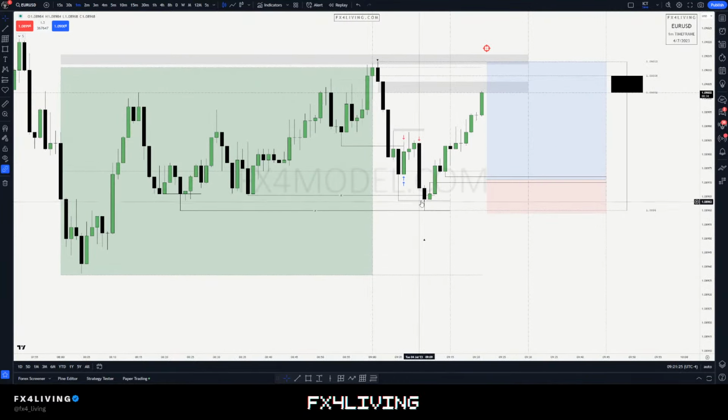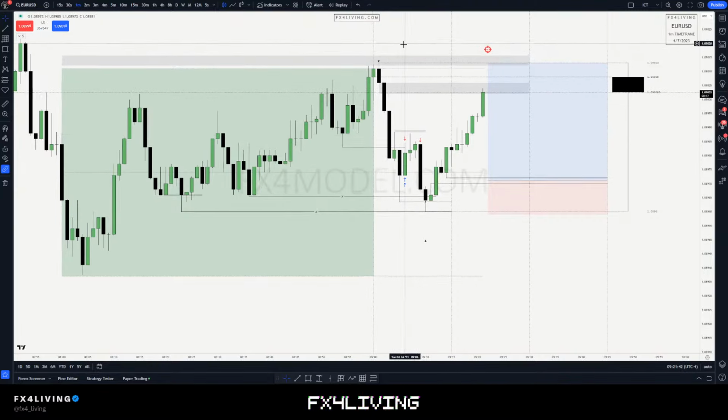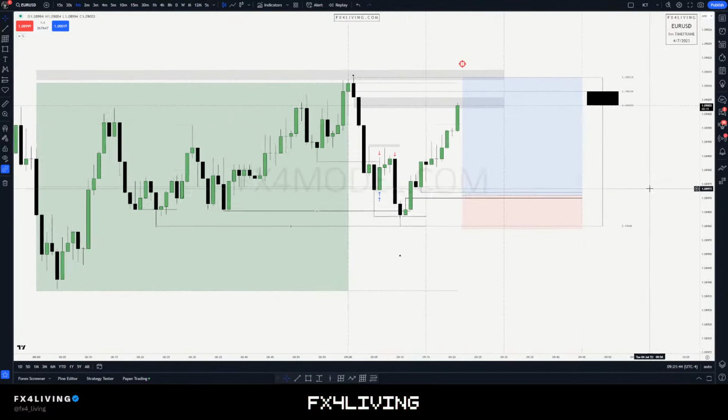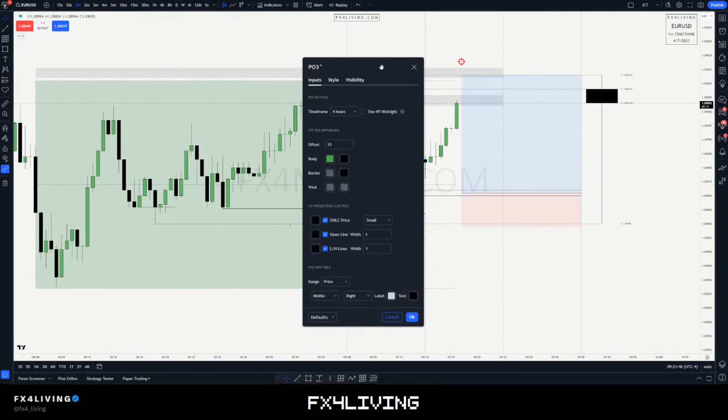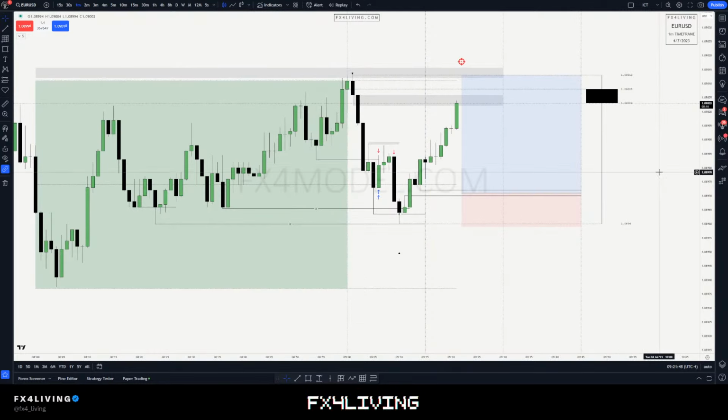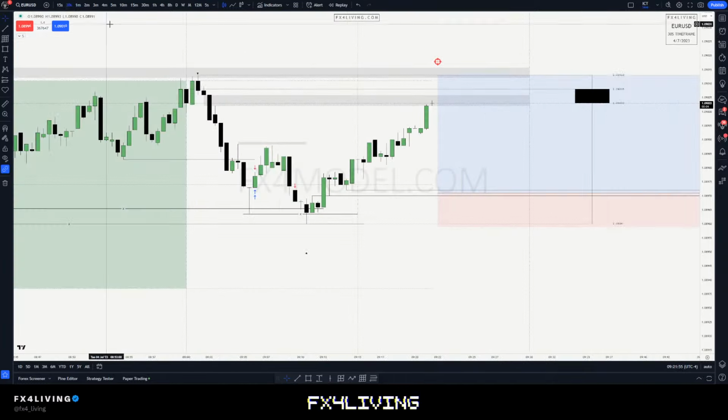Then retrace into discount of previous H1 range, rejecting this premium discount, rejecting this discount, grabbing liquidity below. Deliver to those guys' stops here, and then we're now targeting those highs. It's actually almost there. This is the one. The 4 hour is gonna flip bullish in a couple minutes. I feel it. So, you know, it is what it is.